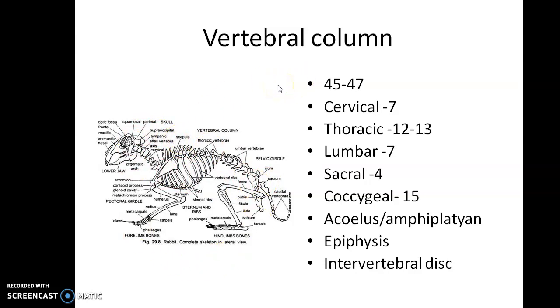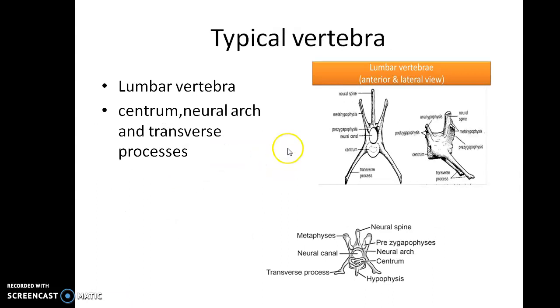Now, whenever we discuss the vertebral column, we talk about the vertebra in general. So, we select one of them which is quite large in size as the typical vertebra, so it will be easy to study the others in relation to this. In a typical vertebra, we select a larger vertebra which has all the parts well developed.